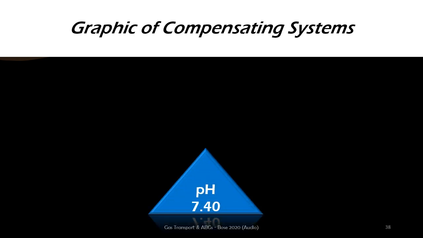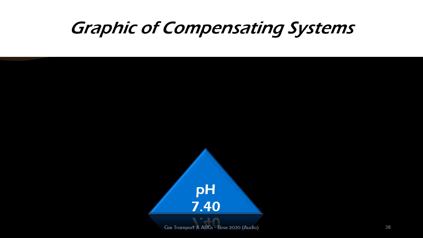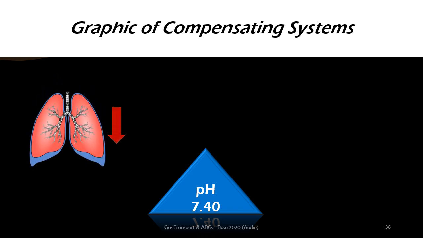In this graphic on screen, consider that the pH is held steady at a neutral 7.4. Let's assume that the lungs are, for some reason, unable to continue its job of clearing the blood of the accumulated CO2. That means CO2 is retained and PaCO2 goes up.